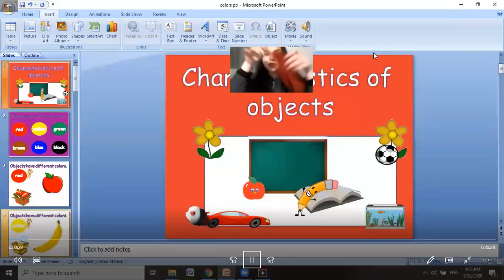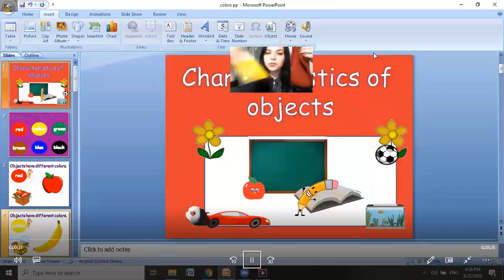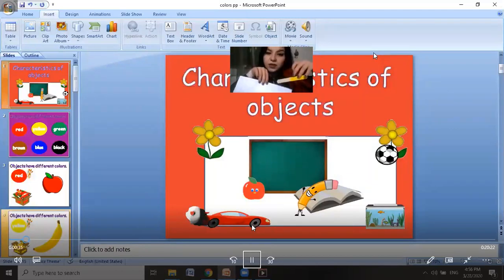Like, this is an object. This is an object. And this is an object. Now, if we look at these objects, we will notice many different things, like their colors. So, objects have different colors.